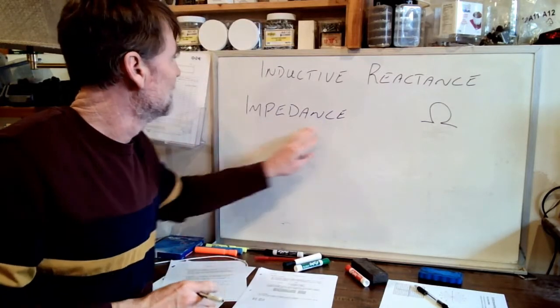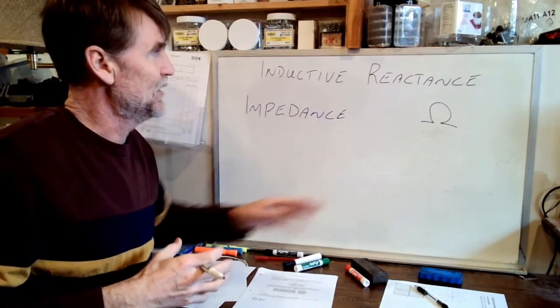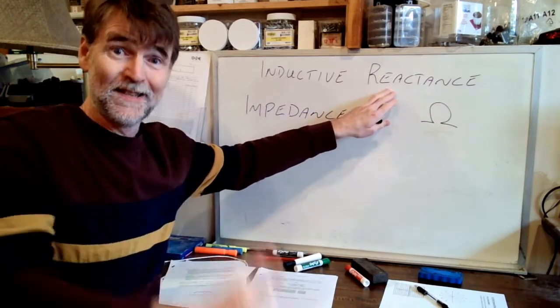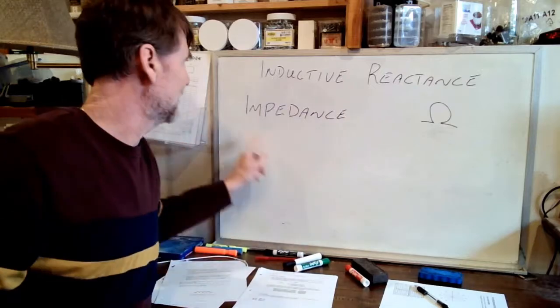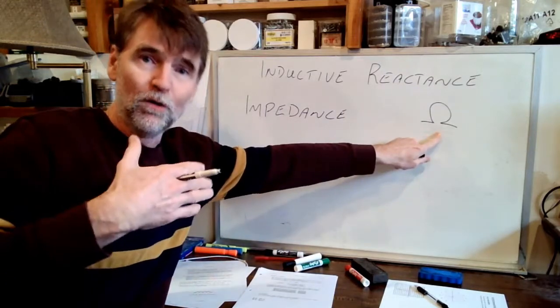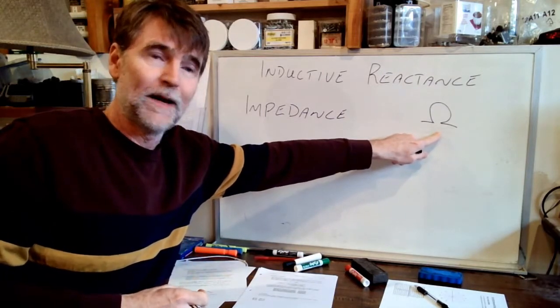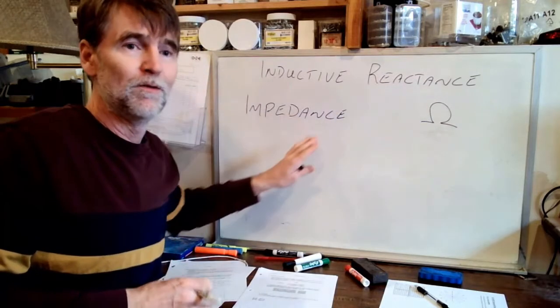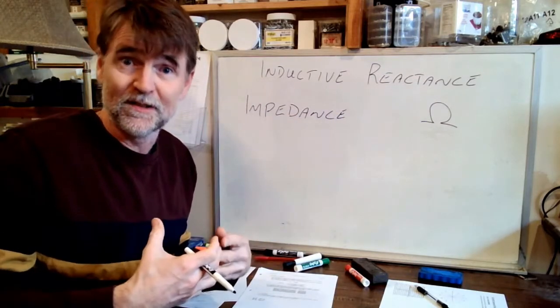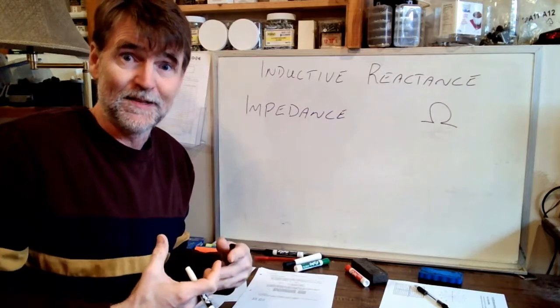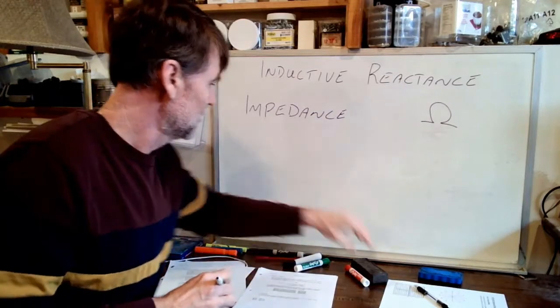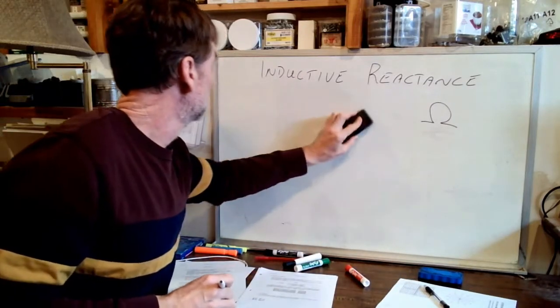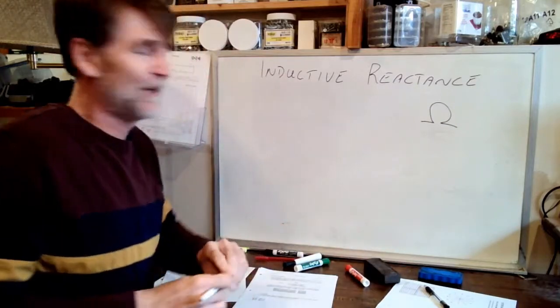So impedance is a combination of resistance and reactance all pulled in together. They're all ohmic values, so they are all different types of resistance as you've learned it in a DC circuit. But let's go back to inductive reactance specifically.